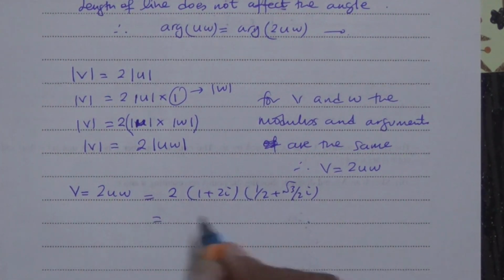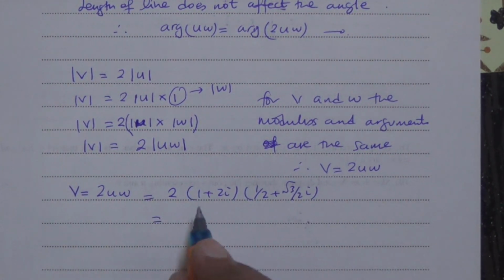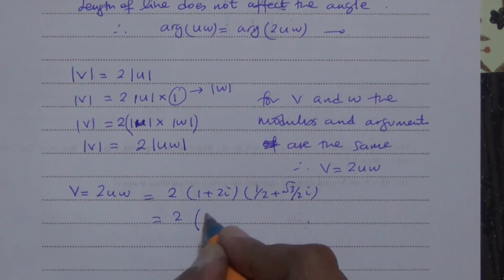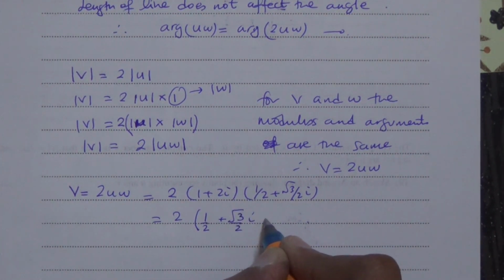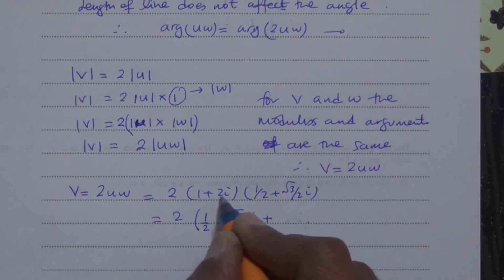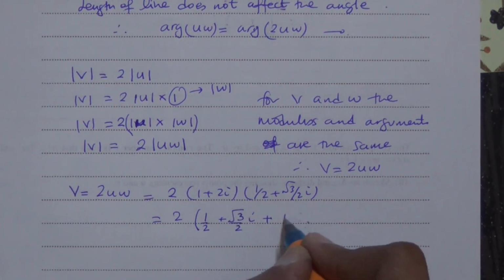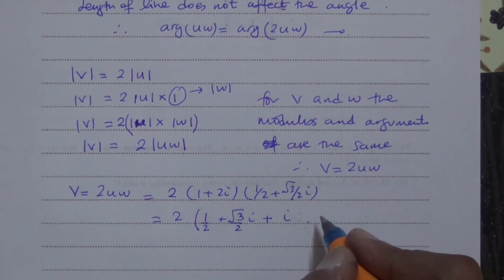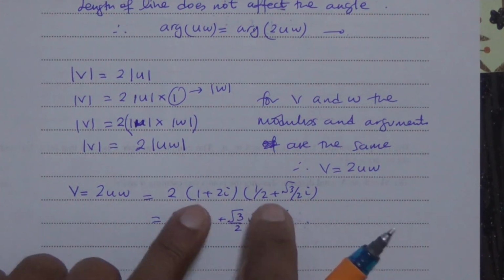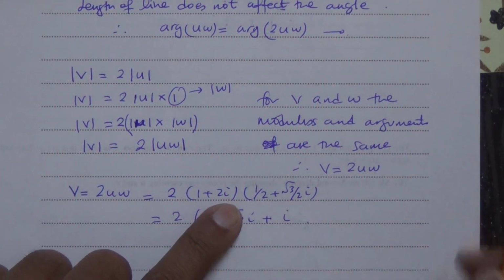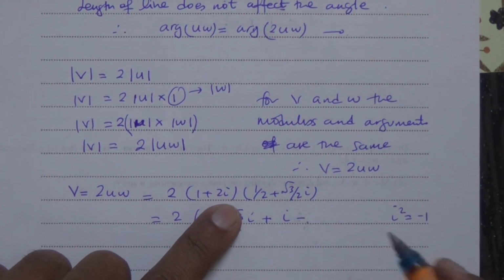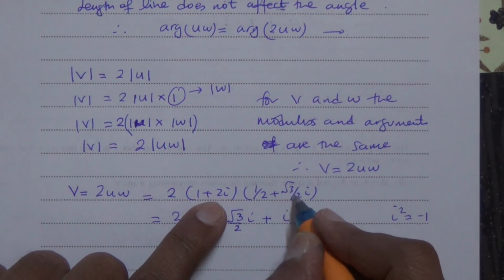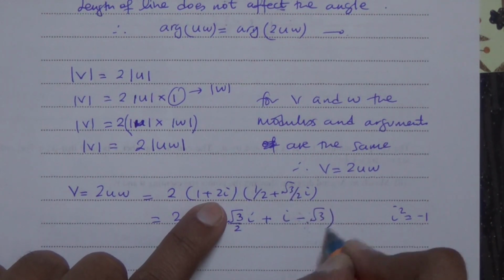If you multiply this out, just a quadratic expansion, 1 times half is half, and then 1 times root 3 over 2 i is root 3 over 2 i, plus 2i times half is i, and then 2i times root 3 over 2 i gives i squared, and using i squared equals minus 1, this becomes minus 2 times root 3 over 2, which is minus root 3.